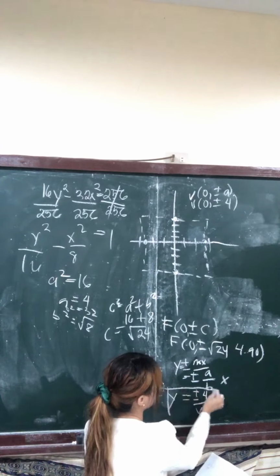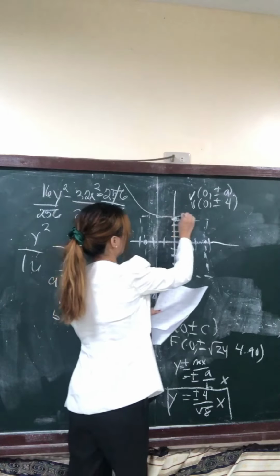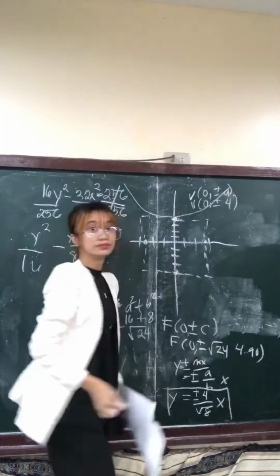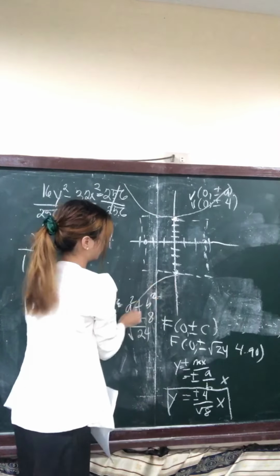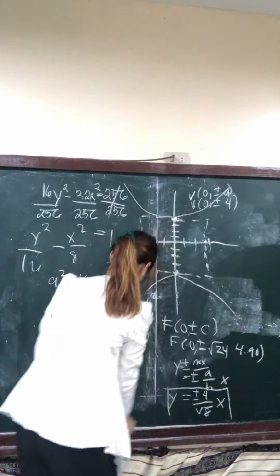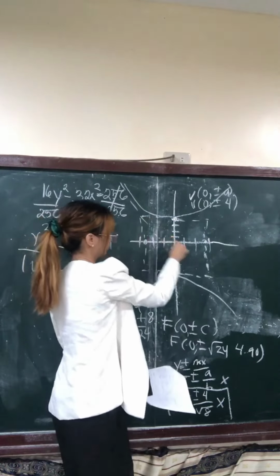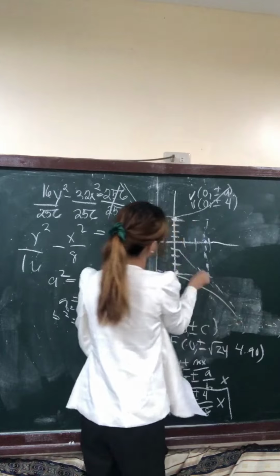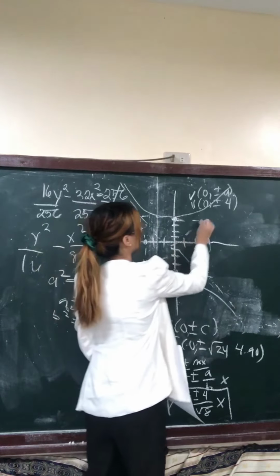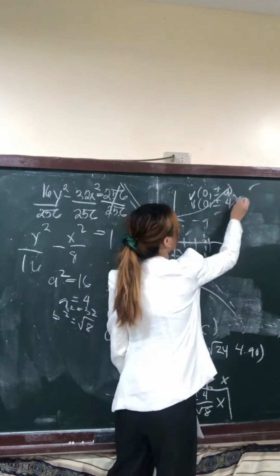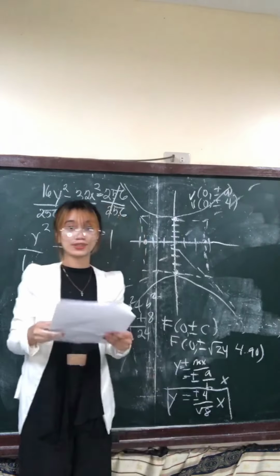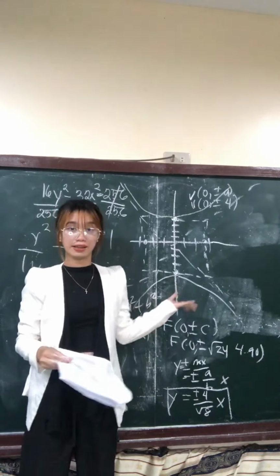So this is our equation. These broken lines identify and show the asymptotes of our given equation.